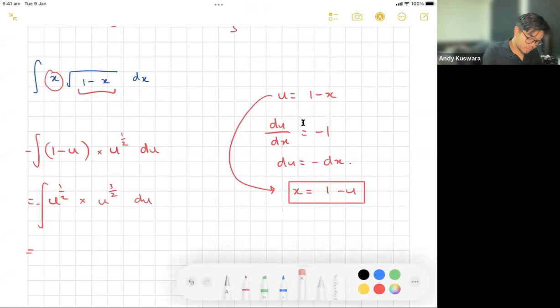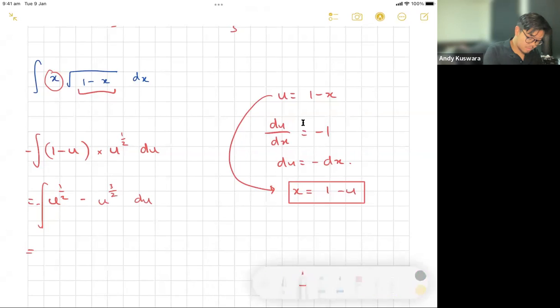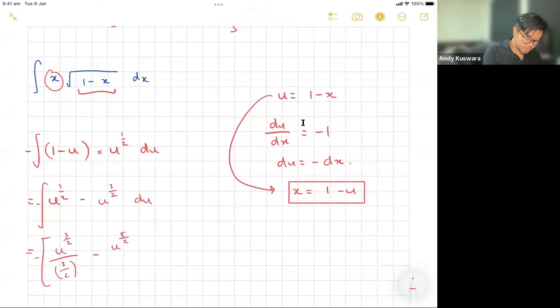Sorry, I shouldn't write times here. It's actually going to be minus. And so now we can just integrate both terms separately. This would be u to the 3 on 2 on the 3 on 2 with a negative out the front. And this is going to be minus u, and then add 1, so that becomes 5 on 2 all over 5 on 2.